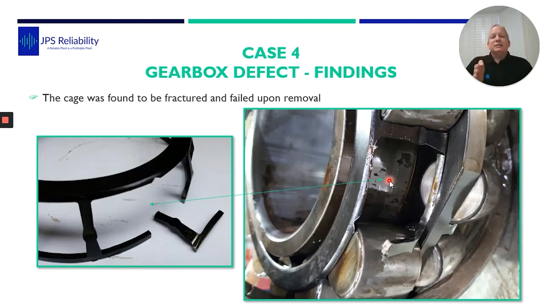Well, it may not have seen a defect if you weren't monitoring the correct parameters for that failure. So it brings two things to mind. If you don't know the system you're monitoring and what failures can affect that system, how can you set your database up to monitor them? And you need to know how to set your database up to monitor the correct frequencies. So it's all about training, mentoring, and experience, basically.